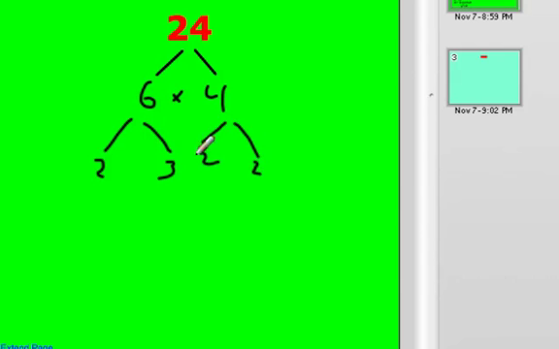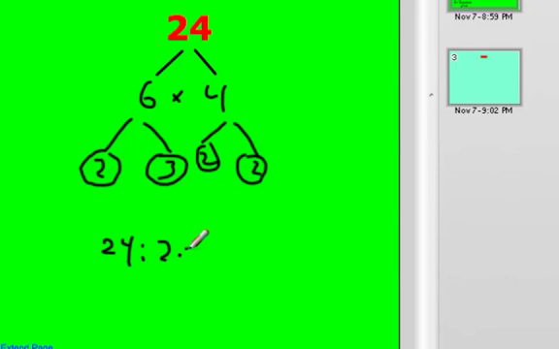And these are all prime numbers. And when we go down to the bottom here, I know again I have three 2s, so 2 times 2 times 2 times that 3 there. Now I would just write 2 to the third power times 3.